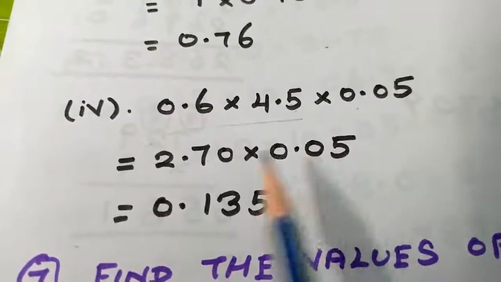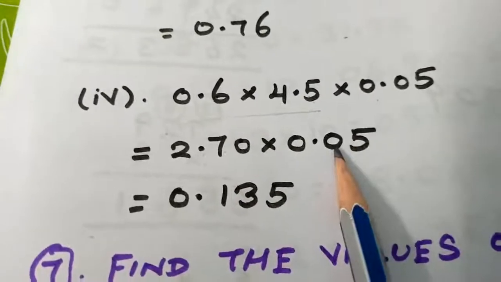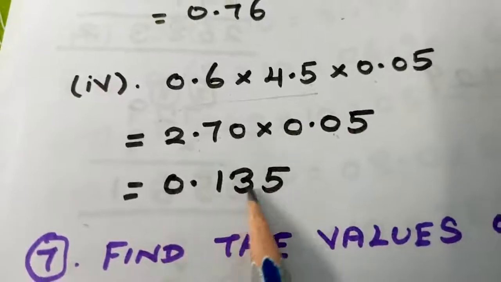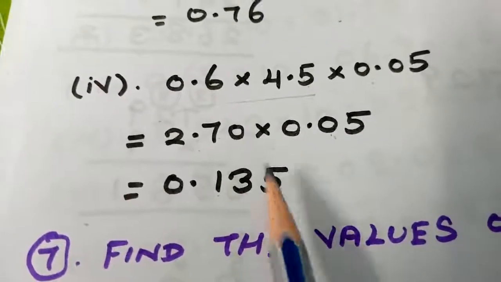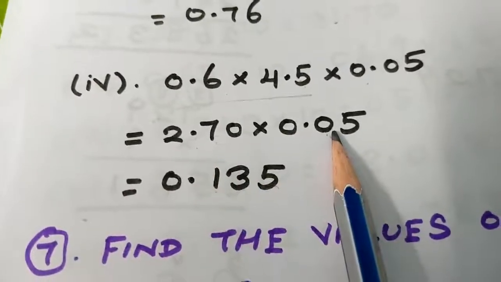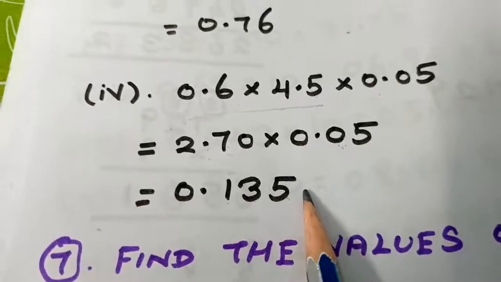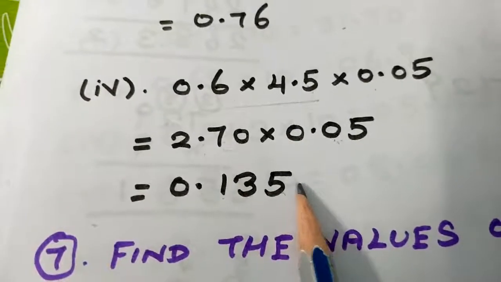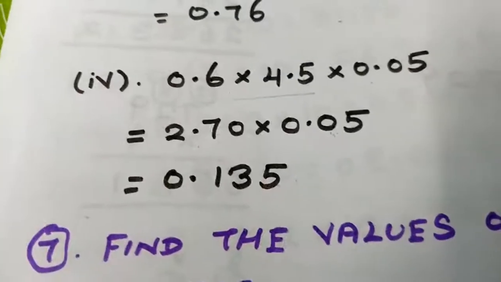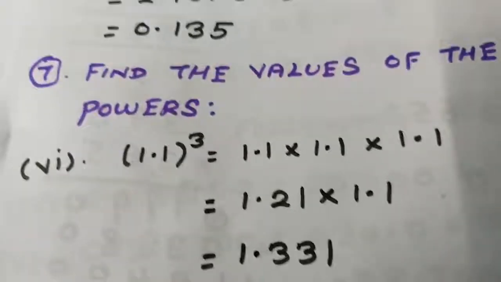After writing, multiply these 2 values, try to do the calculation in your rough work. You will get the answer as 0135. After the decimal point, here 2 digits, totally 4 digits, that is 1350. I am not showing that 0 in this place. Instead of that, I am writing it as 0.135. So easy calculation, but you have to be careful while you are doing the sum.